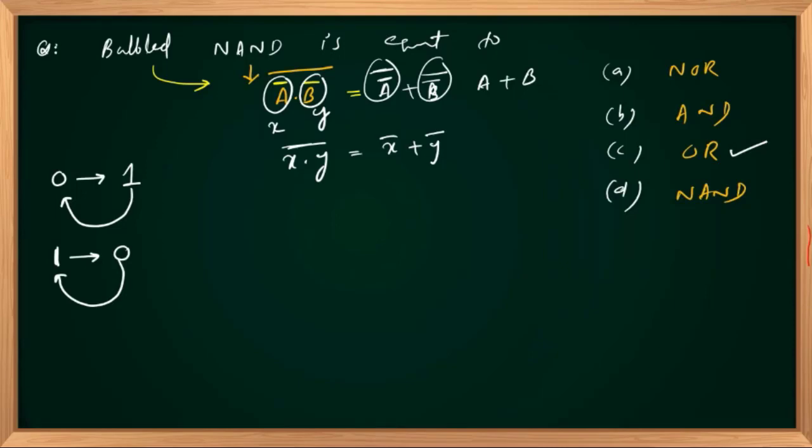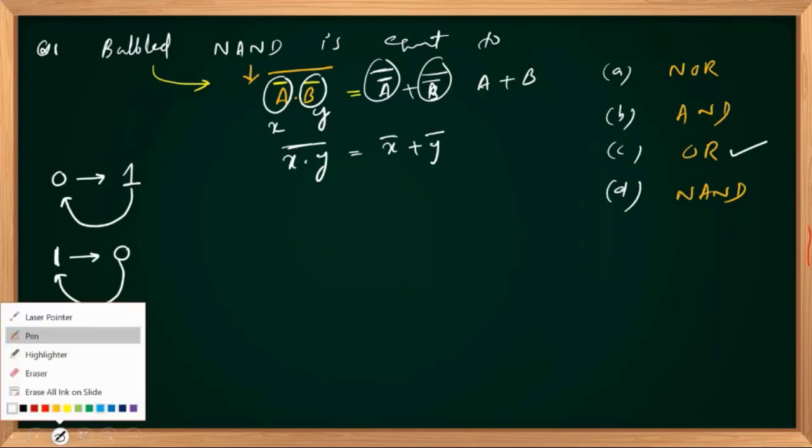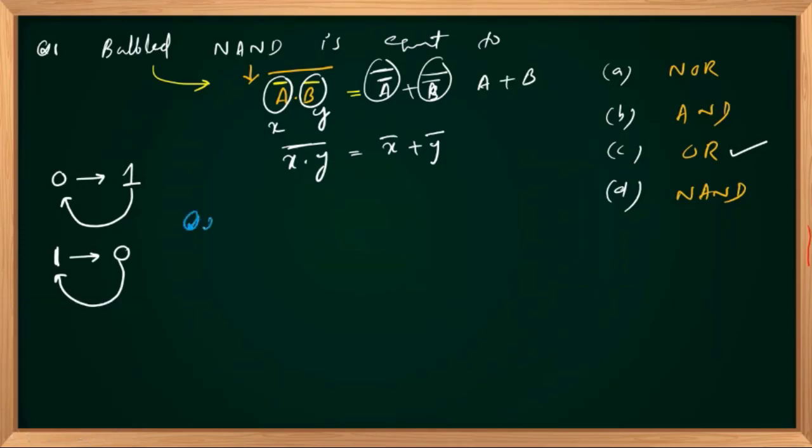So let me have a second question, the same slide. Question number 2: bubbled NOR gate is equivalent to which gate, same options? Very good. Bubbled NOR is equivalent to AND gate.